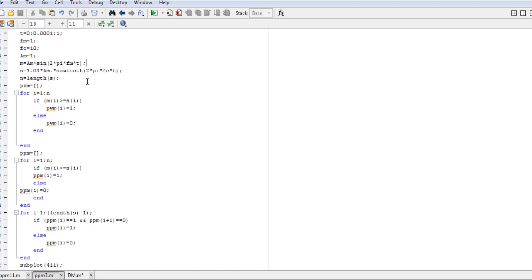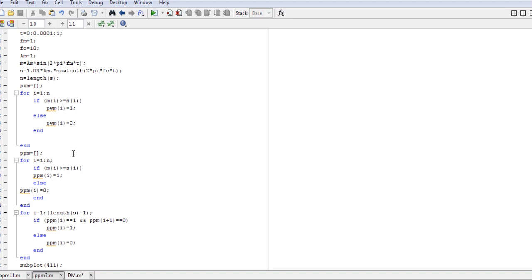PWM is the variable used to store the pulse width modulated data. We have used a for loop to compare the message with the sawtooth value. If the sampled message value is more than the sawtooth, the PWM is 1, else it is 0.